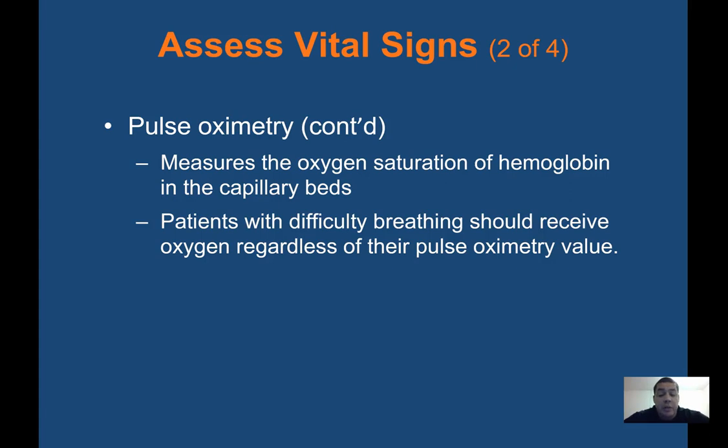It saturates your hemoglobin more than oxygen does. So anytime you have a patient who comes out of a fire, you're going to throw them on oxygen no matter what, because a pulse oximetry reading could be bad.